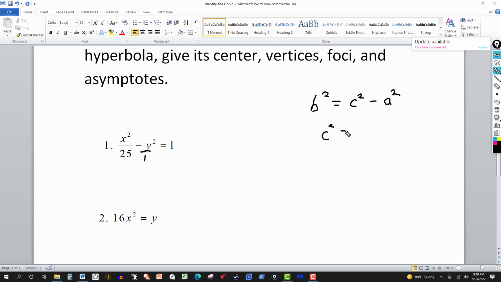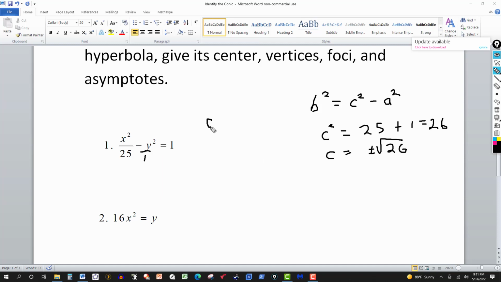So c squared is going to equal a squared, which is 25, plus b squared, which is 1. So c squared will equal 26 here, and we take plus or minus the square root of that, and that gives us the value of c.